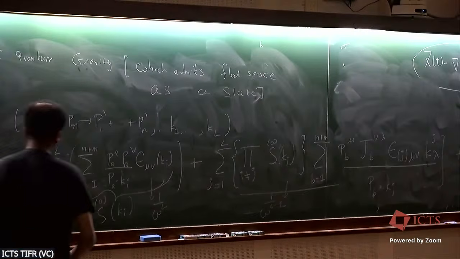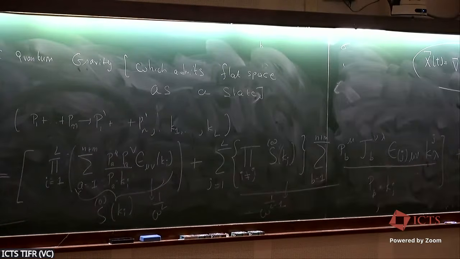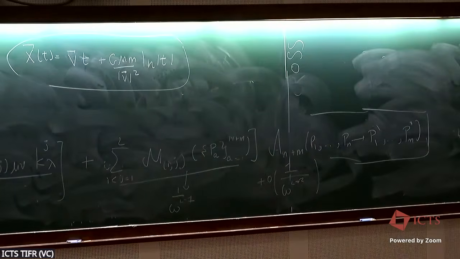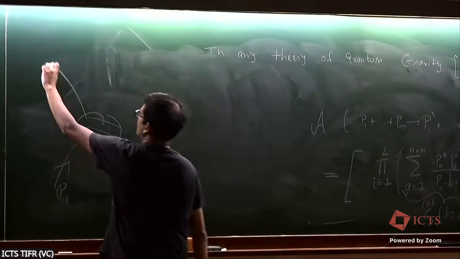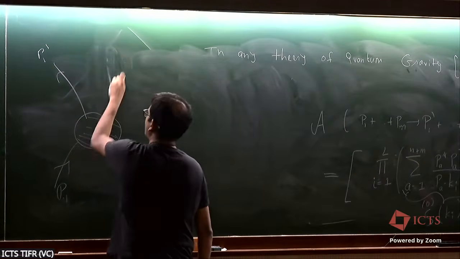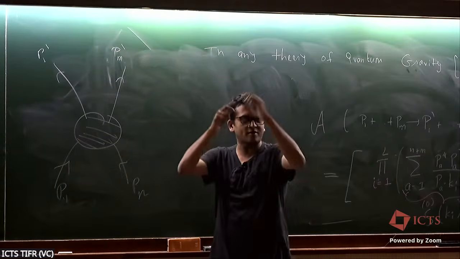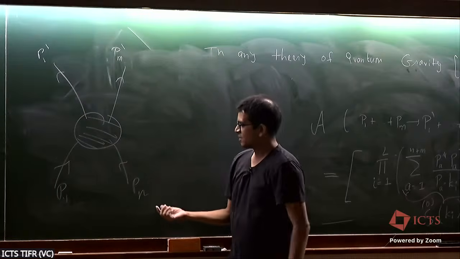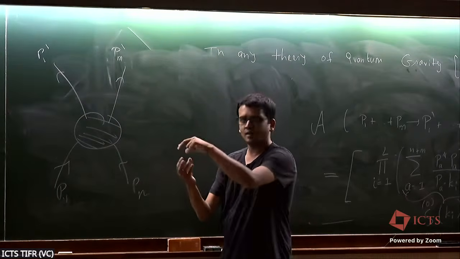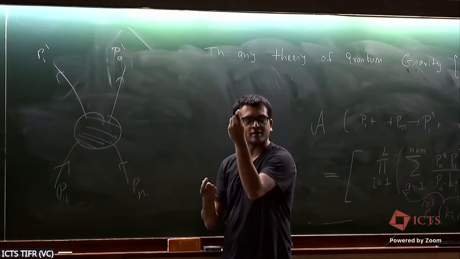Okay, now I'll finish in 1 minute how we can connect from this to the thing we derived. I will just tell you the rough idea, just the very basic idea. Let's look at the following process: you have some very large objects, classical objects like black holes, etc., and they are scattering. But of course, every classical object can be thought of as a semi-classical quantum state, as a quantum particle with minimal uncertainty. So think of them as large objects which we want to describe using a quantum wave function, the minimal uncertainty wave function.